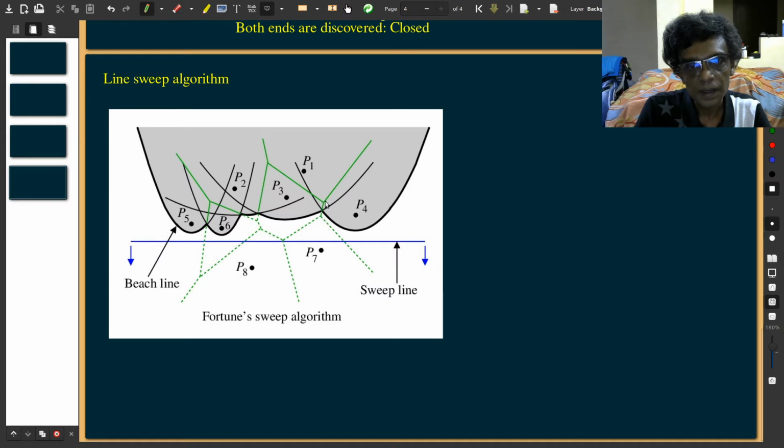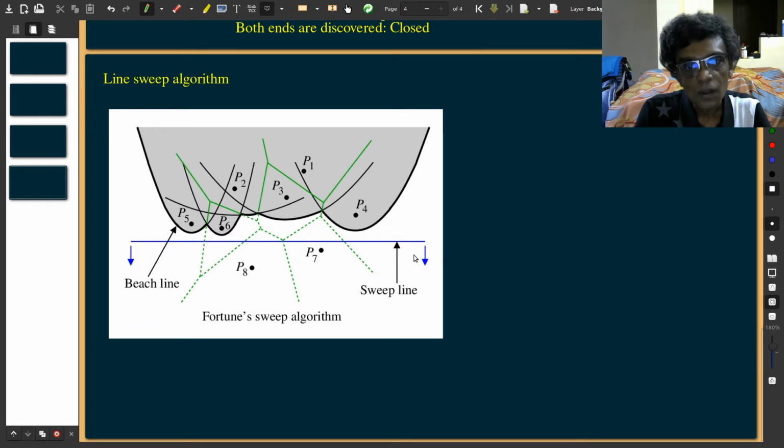I will define this ocean soon. And the boundary of the ocean is called the beach line. Anything above the beach line is the ocean, and we know completely the Voronoi diagram in the ocean. Below, we still have to construct.